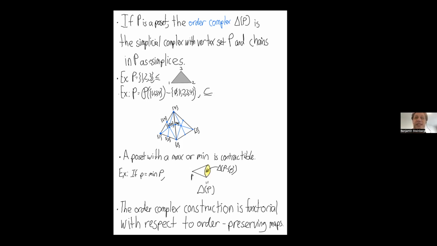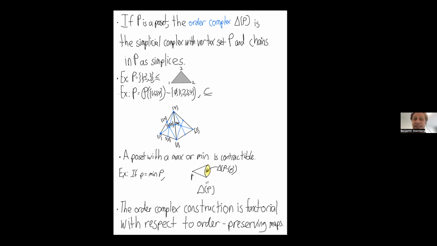This is just a description as an abstract simplicial complex. If you actually wanted to build this geometrically, you would take a vector space with basis P. Pretend P is finite, I only care about finite posets in this one. Then you could take as vertices the basis vectors, and then you can take the simplex that they span, their convex hull of any chain, and that will be your order complex.